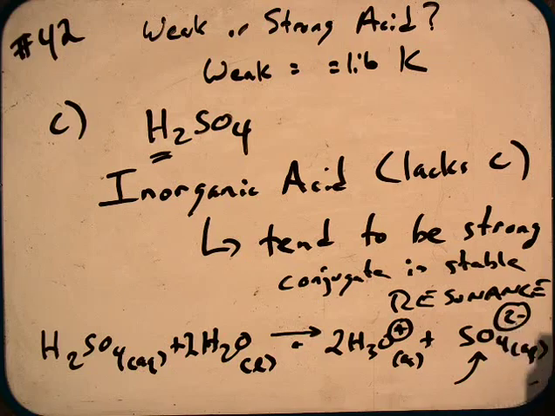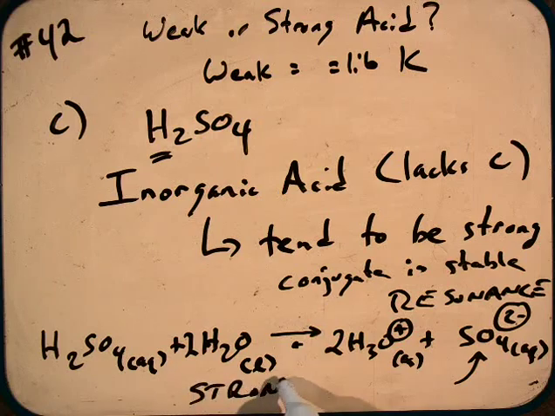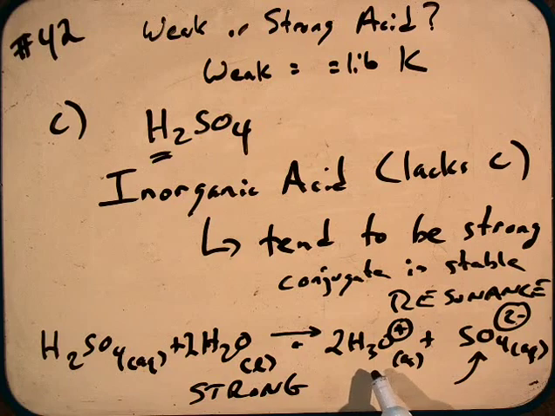The conjugate, in this case base, is very stable because it has a lot of resonance. And so for this reason, sulfuric acid is strong. And so there really isn't an equilibrium constant expression for it. It simply dissociates to give you the amount of H3O plus in solution that you get from the stoichiometry of the sulfuric acid. That's number 42C.